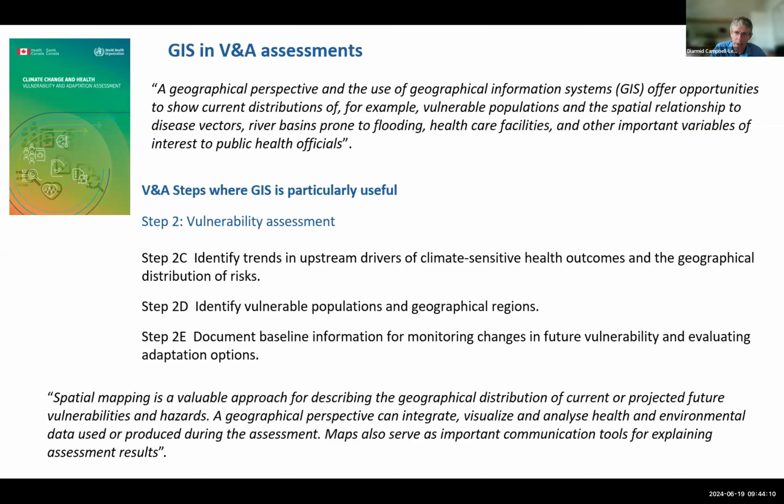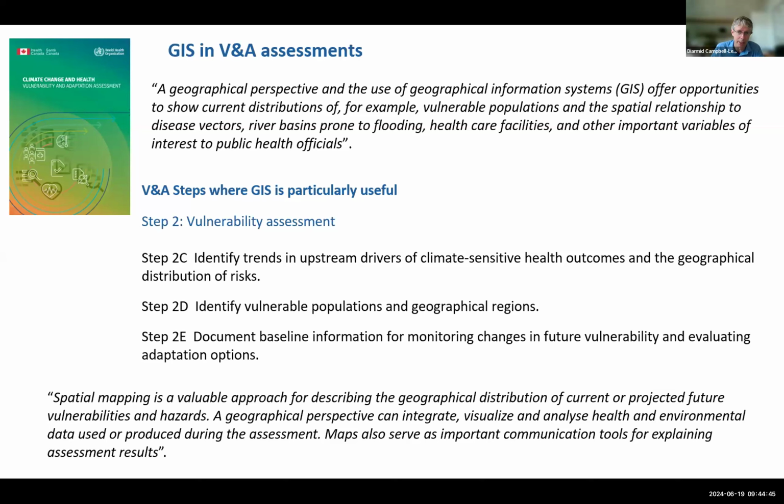So the guidance that we have published and then updated recently documents a series of steps, and I just wanted to highlight amongst those steps which are the ones where GIS is most relevant. You'll see that the main point at which we think this is relevant is in the vulnerability assessment stage, where we can use geographic information systems to identify trends in the drivers of climate-sensitive health outcomes.